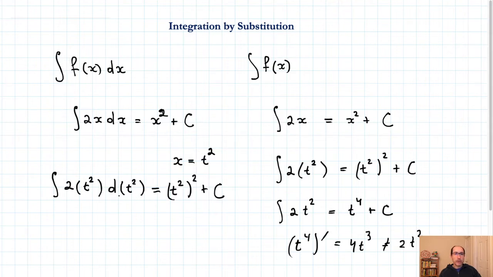Now, what is d of t squared? This is where we need to know what that actually is. First I'm going to give this a name. dx is the differential of x.